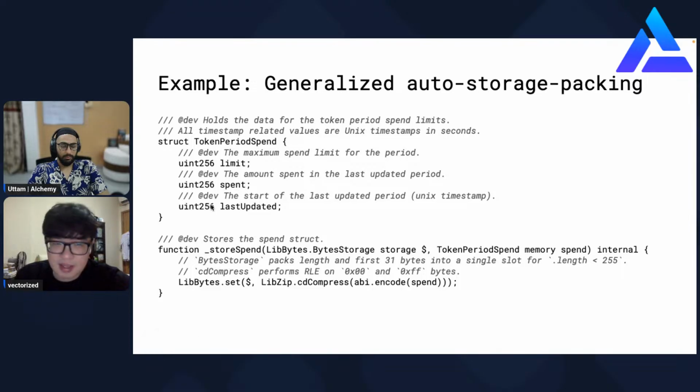Hopefully we can see 33 bits. Amount, I think most ERC20s, you can fit under 64 bits. So 64 plus 40 plus 8 bits for the length. Yeah, everything can fit in one slot.